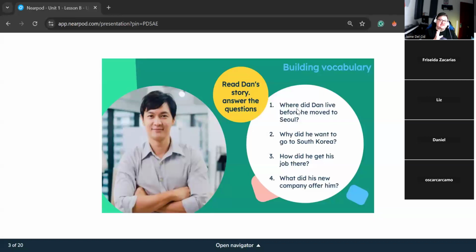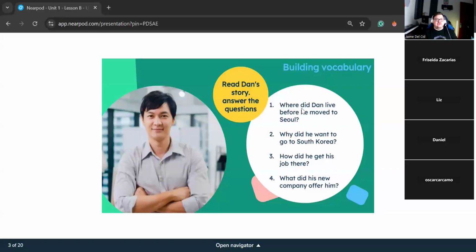You will see that these are the points that we have to pay attention to, and this is the information that we need to obtain from the reading. Okay. So I'm gonna start kind of backwards. I'm gonna give you the quiz first. You're gonna be able to review it, and then we're gonna go to the text, and we're going to try to focus on these specific pieces of information. Okay.